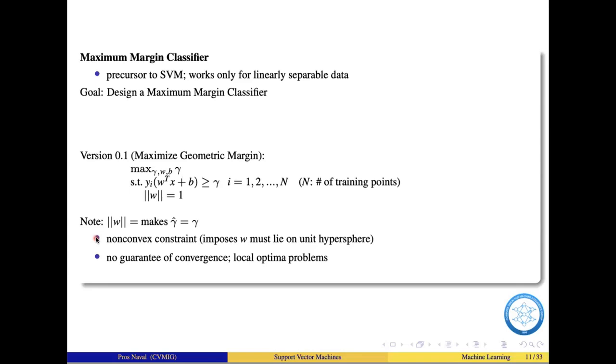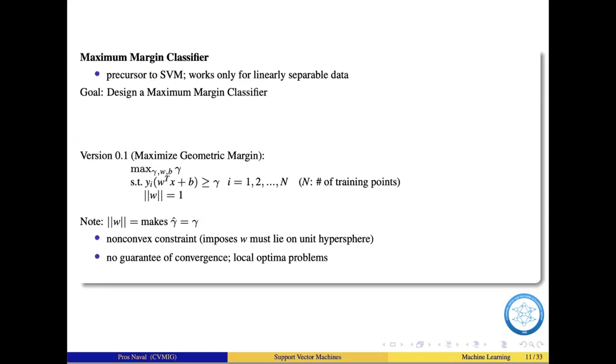Now we know from optimization that if you have a non-convex problem, there's no guarantee of convergence, and we will also encounter local optima problems. But for SVM, we want precisely a globally optimal solution, and we want it to converge as well. So this is not a good formulation.